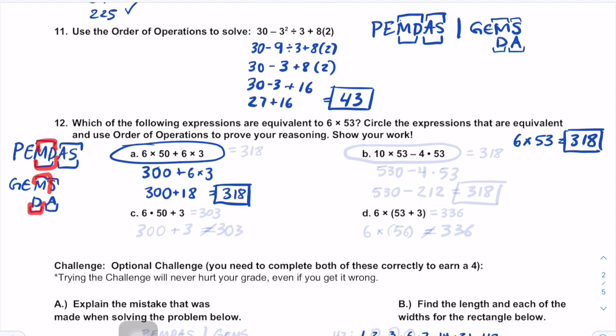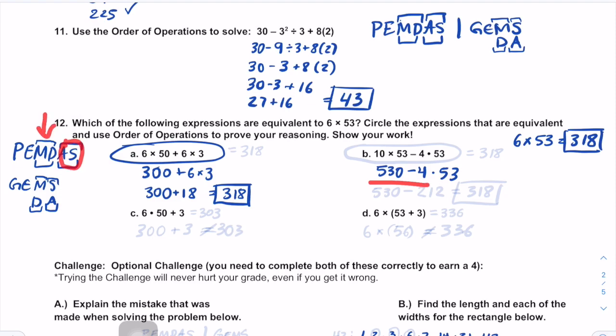So I'll go ahead and start with 10 times 53 because we're going left to right. This gives me a product of 530. I rewrite the rest, minus 4 times 53. I know that I should not do 530 minus 4 yet because there still is multiplication.